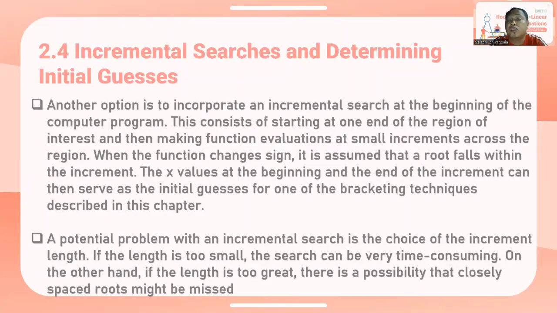When the function changes sign, it is assumed that a root falls within the increment. The x values at the beginning and the end of the increment can then serve as the initial guesses for one of the bracketing techniques described in this chapter.